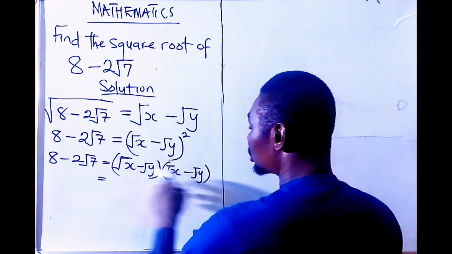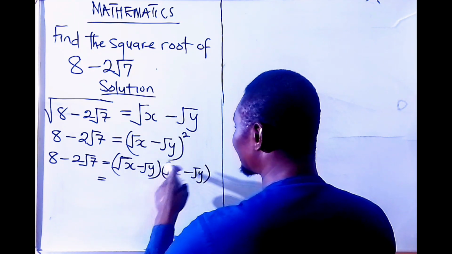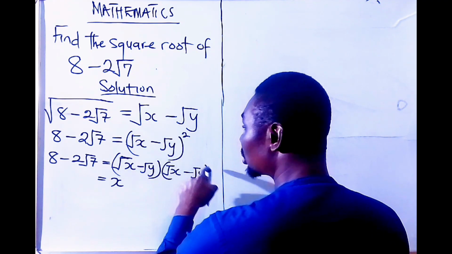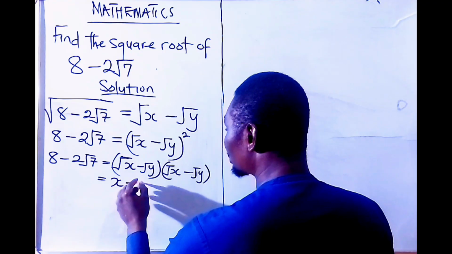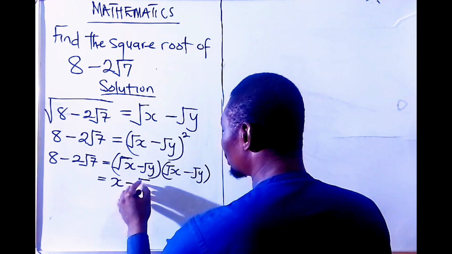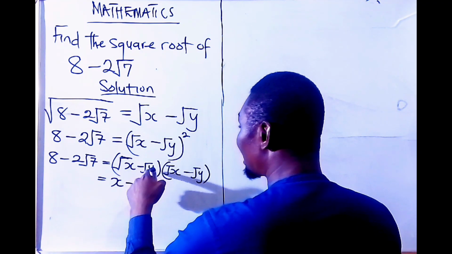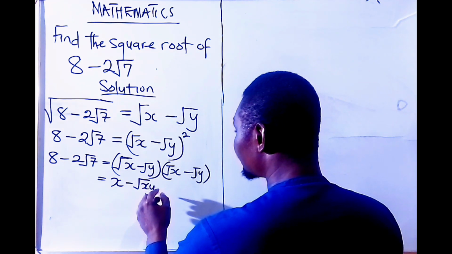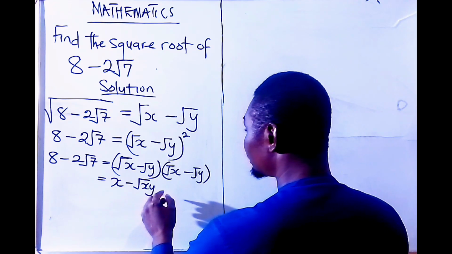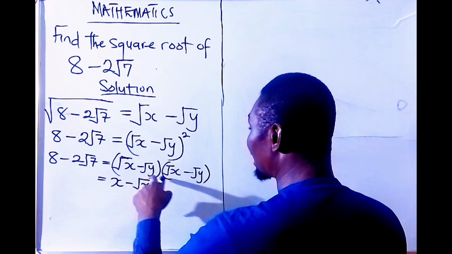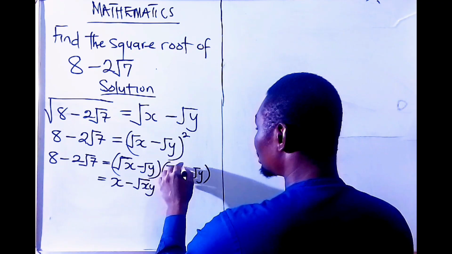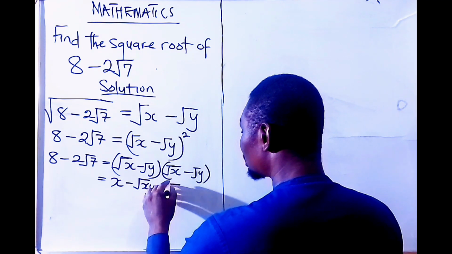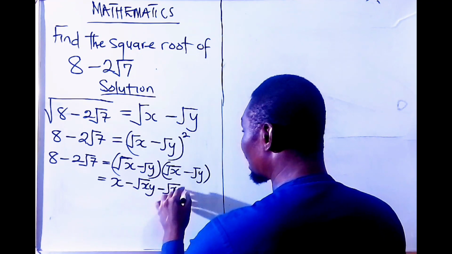So to expand this, the square root of x times the square root of x is x. The square root of x times minus the square root of y is minus the square root of xy. Minus the square root of y times the square root of x will be minus the square root of xy.